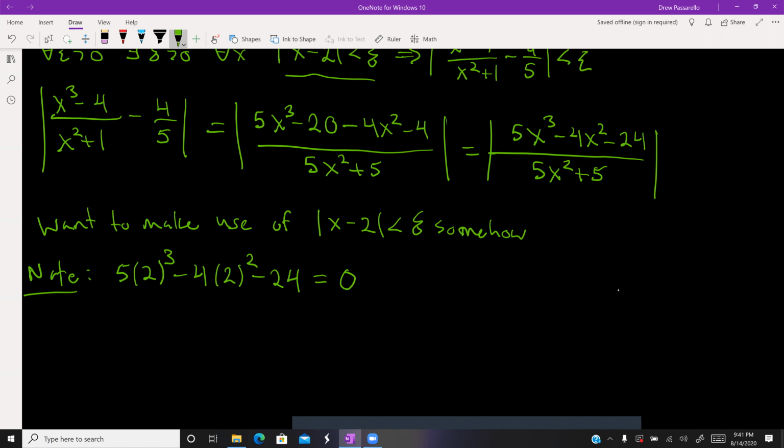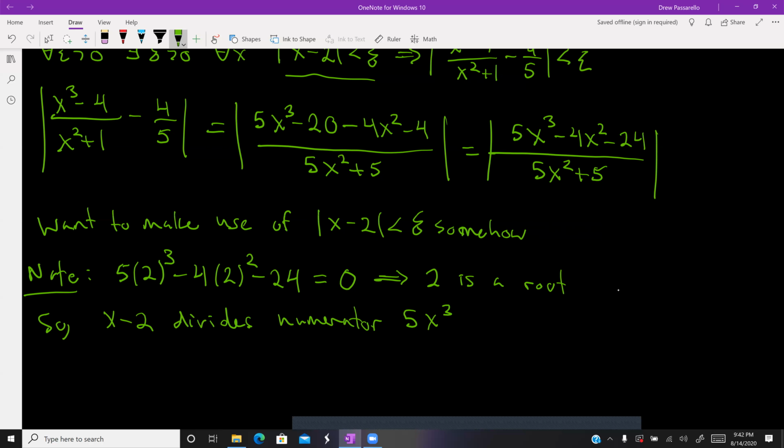So that means 2 is a root of the polynomial in the numerator. So x minus 2 divides our numerator, 5x cubed minus 4x squared minus 24.